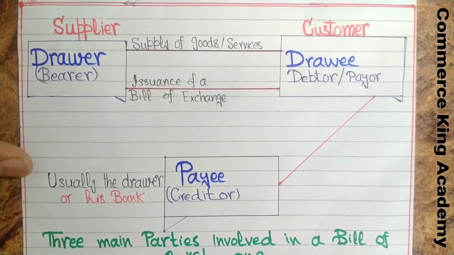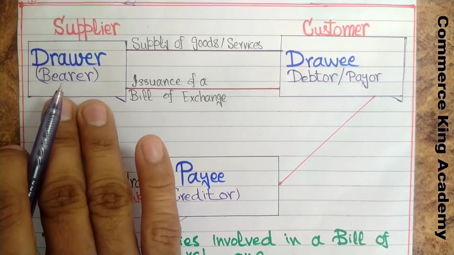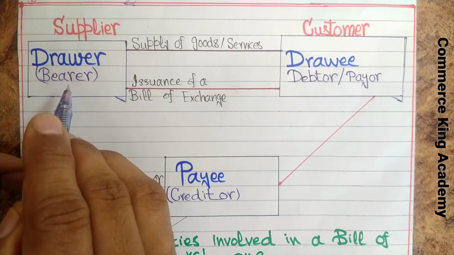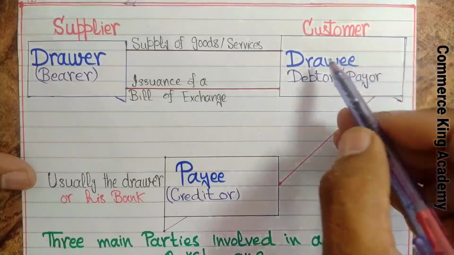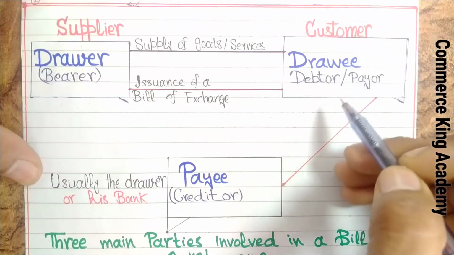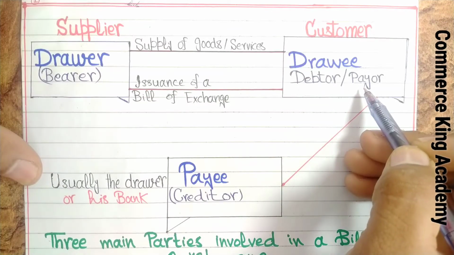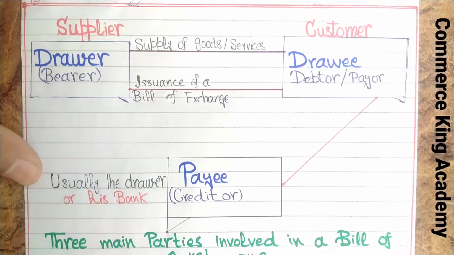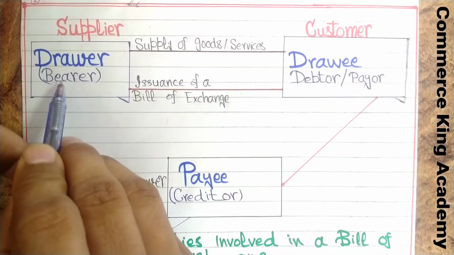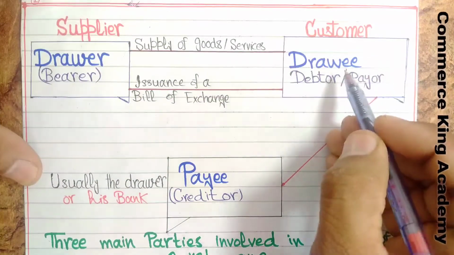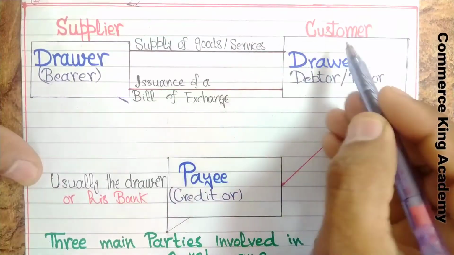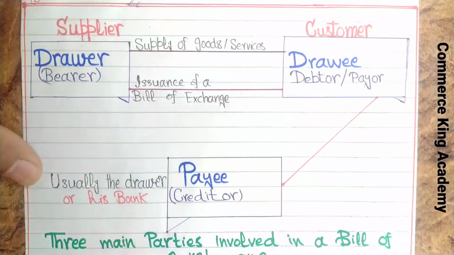After seeking clear information about supplier, drawer, bearer, now we will move toward our second party, which is the drawee. This is the customer or debtor or payer of the bill of exchange who accepts the bill drawn by the drawer. This is the acceptor of the bill of exchange, and the customer who receives goods and services from the drawer or supplier.